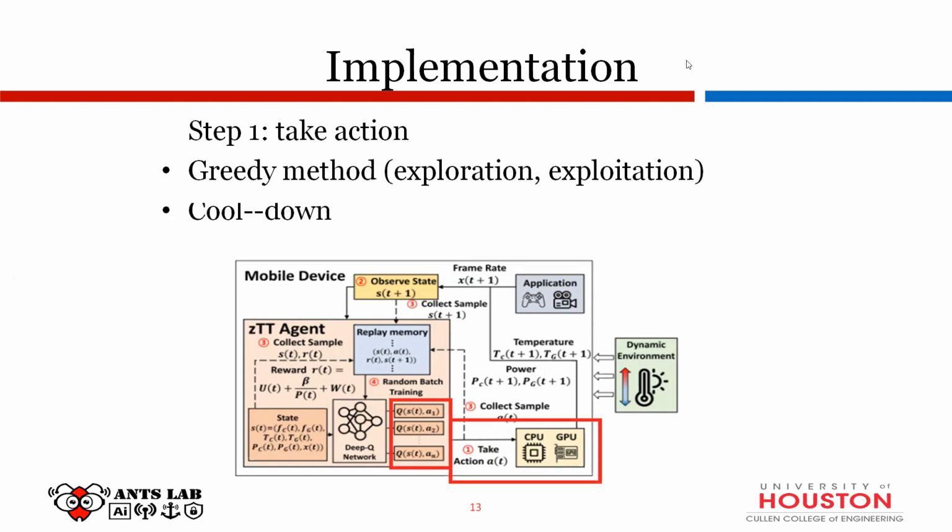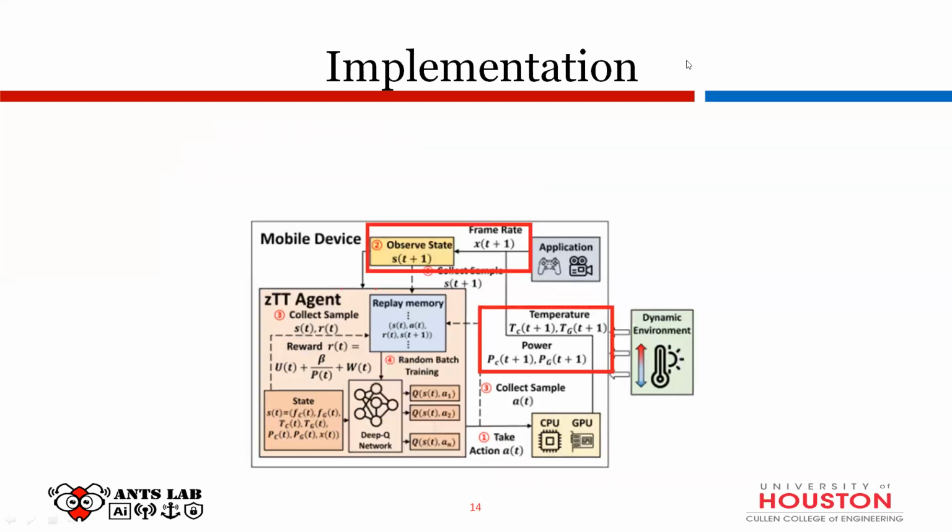And then there's a cooldown action if the temperature is too high. It is the box here in the zTT agent section, labeled as a cooldown action. So this is step 1.